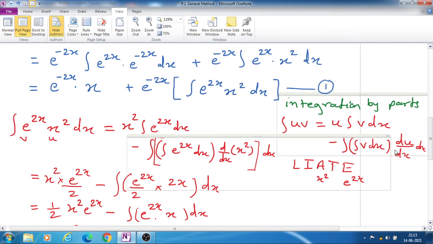This product into dx is integration of this product with respect to x.